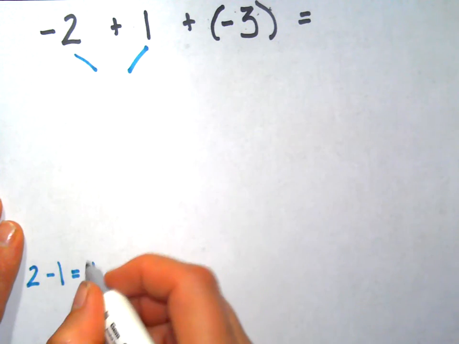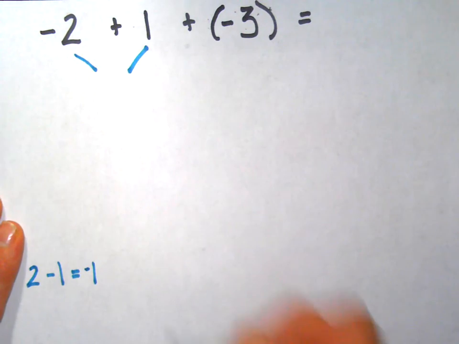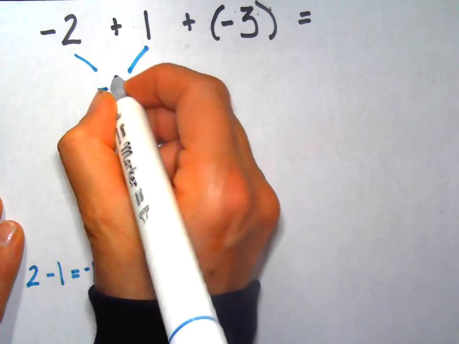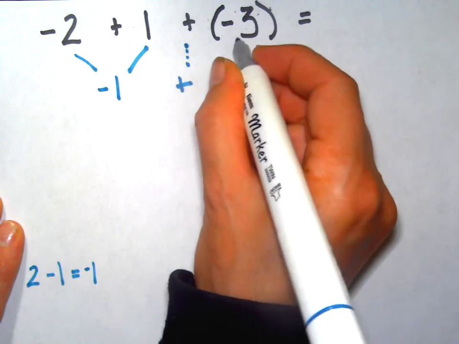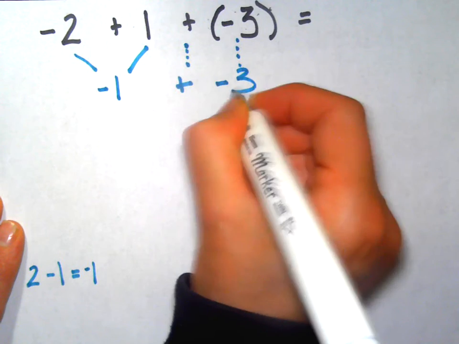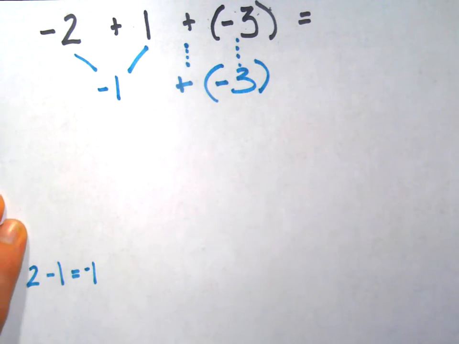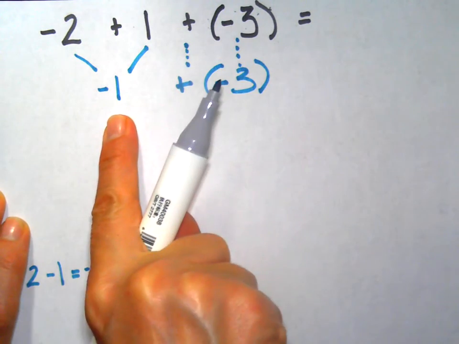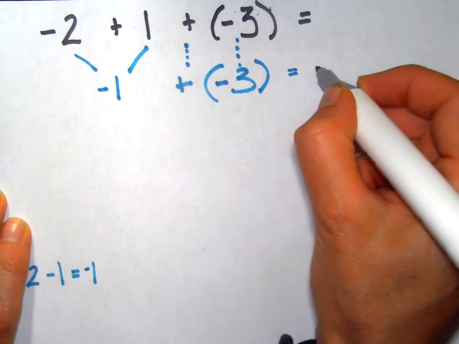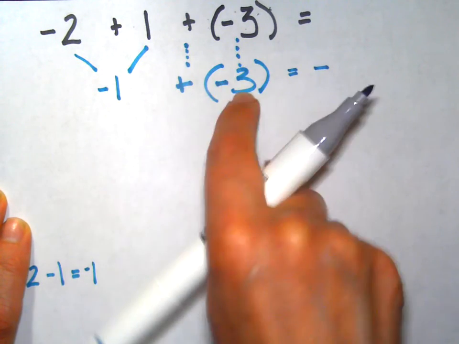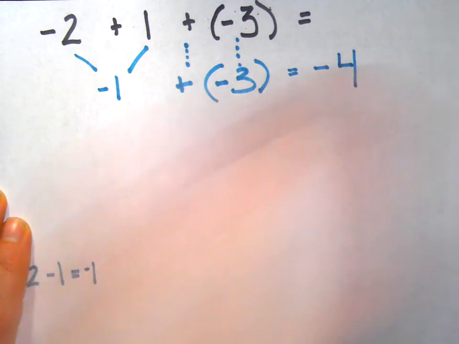So I know my answer is actually going to be negative. So -1, drop down, plus, drop down. Haven't used these guys yet. -3, a negative plus a negative is going to be negative, and just add the numbers 1 plus 3, 4.